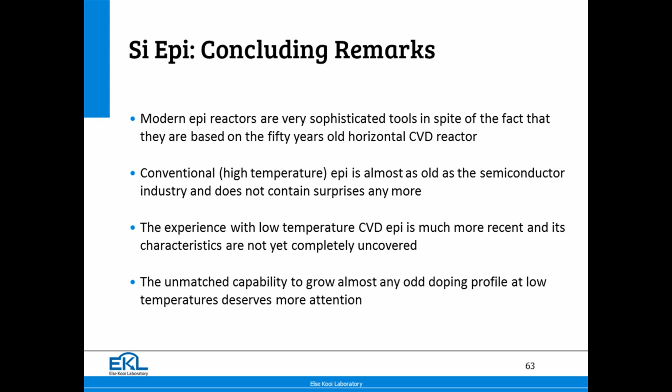LPCVD was a much more uniform, much better process. Shortly after that, plasma enhanced CVD lowered the temperature. It all did not happen for epi. Epi needed a high growth rate, and plasma does not work to our advantage. So we are in fact still stuck with the technology of 50, 60 years ago.